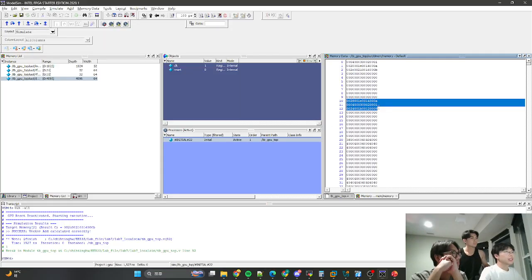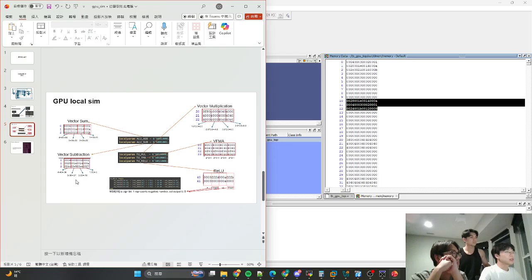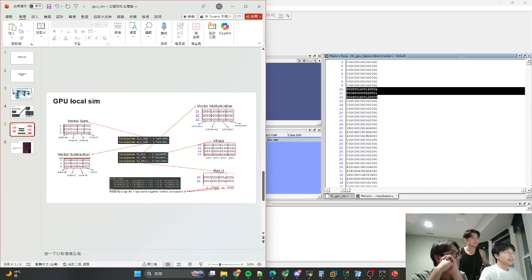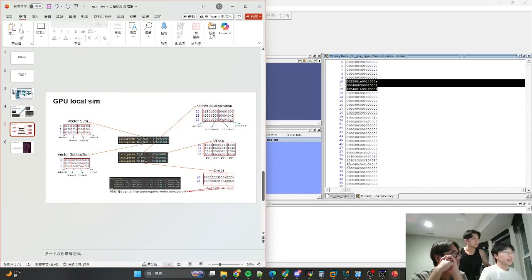And these three are our vector sub result. Next is our vector multiplication result here.